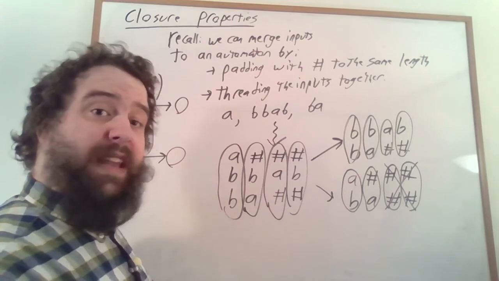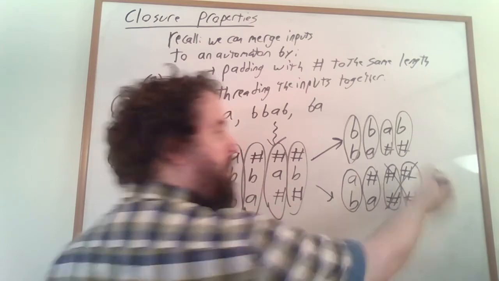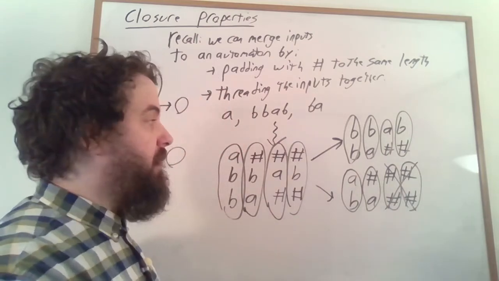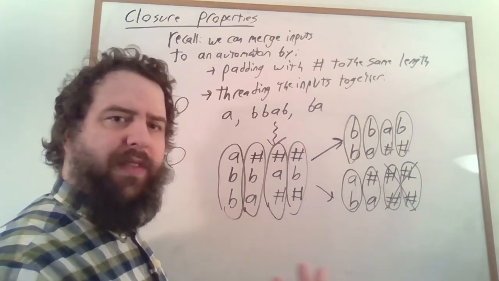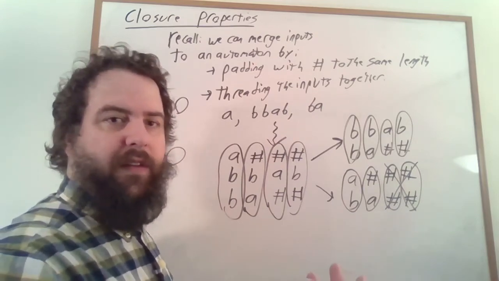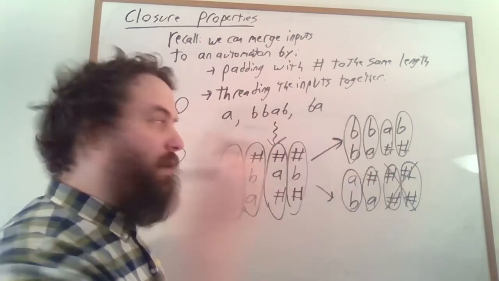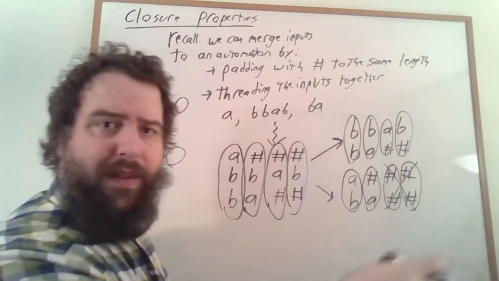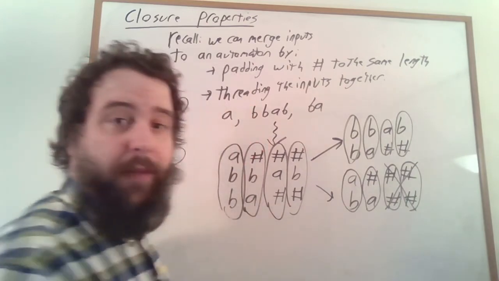And so we need it to be the case that we can trim any trailing octothorpe characters from the end of a particular word. Well, that's fine. This is something that you can do if you think about this from the perspective of even a deterministic finite state automaton. You just move the accept states backwards along these edges so that you don't have to traverse them, and then get rid of those edges so that we don't use this forbidden octothorpe character.